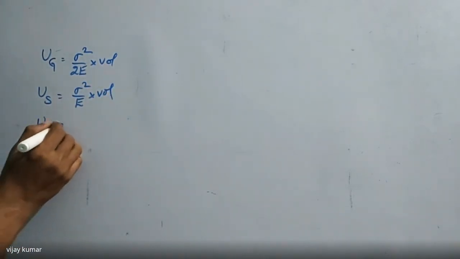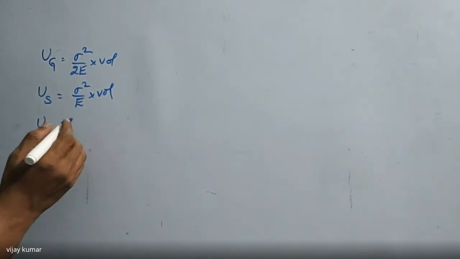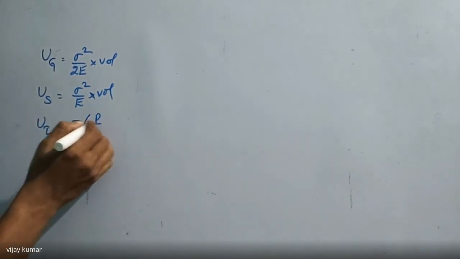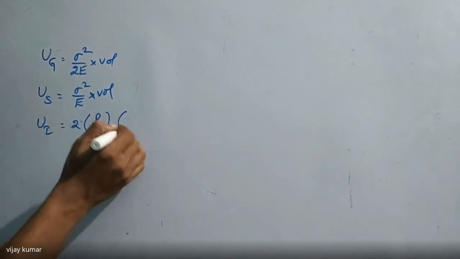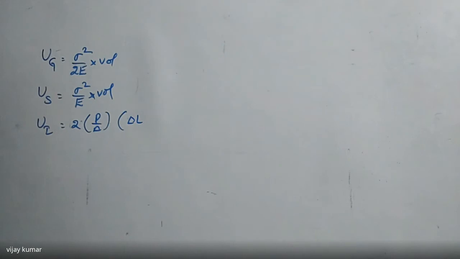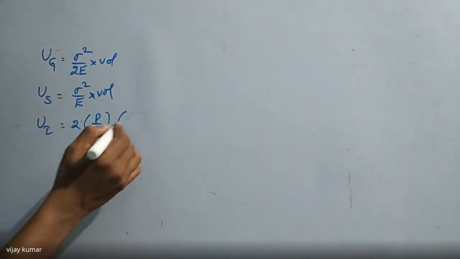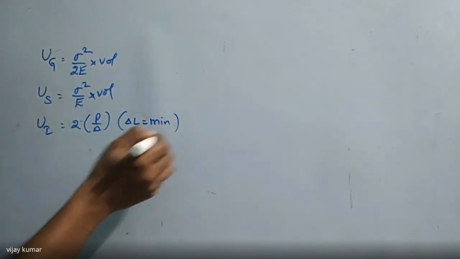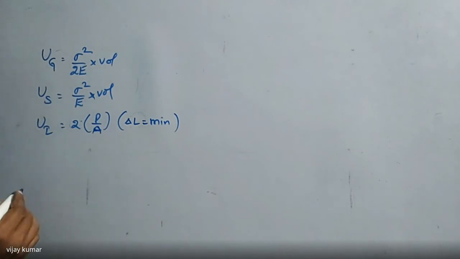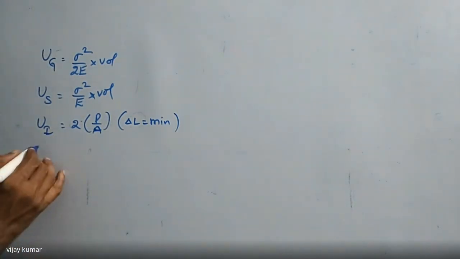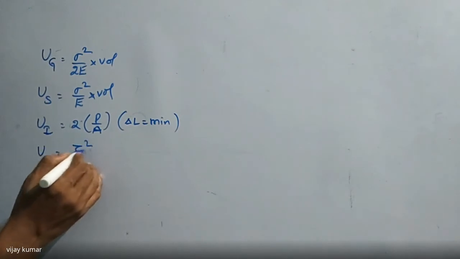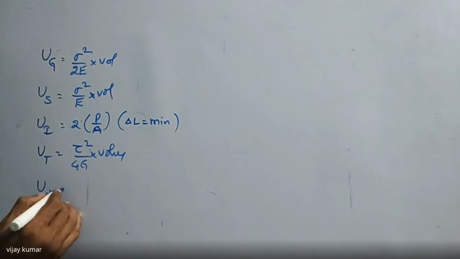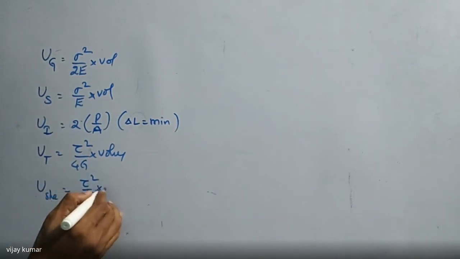For impact load, we can write the square of that, 2 times P by A times P by A, where delta L is minimum when H, the distance, is 0. Strain energy under torsion is equal to τ² divided by 4G into volume, and in case of pure shear it is τ² by 2G into volume.